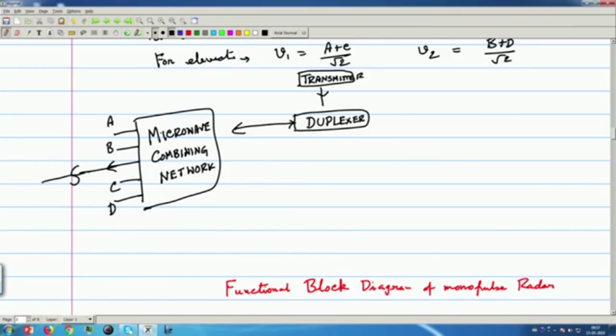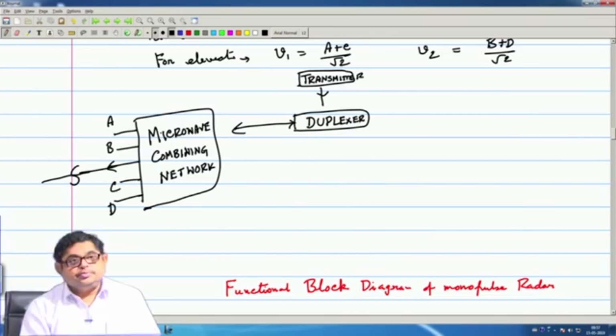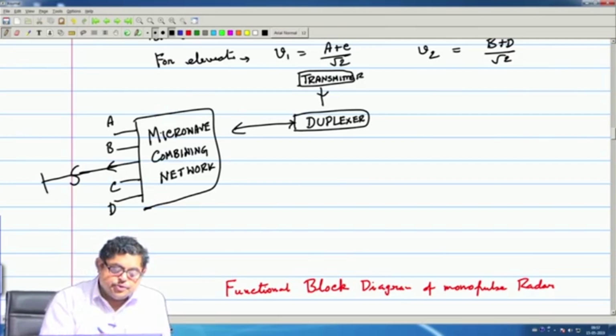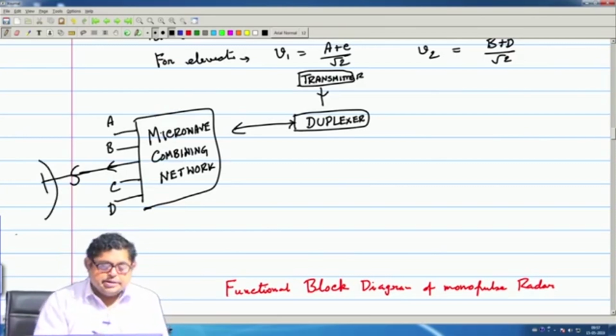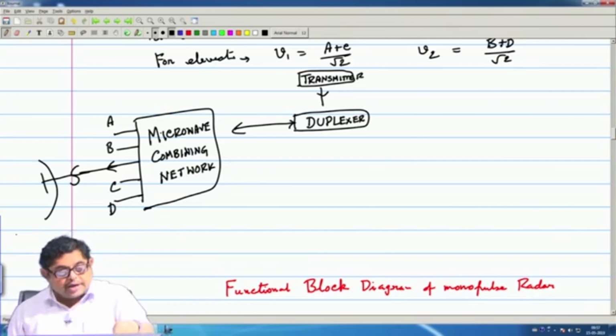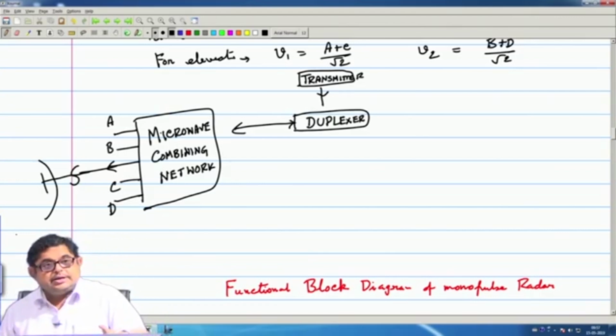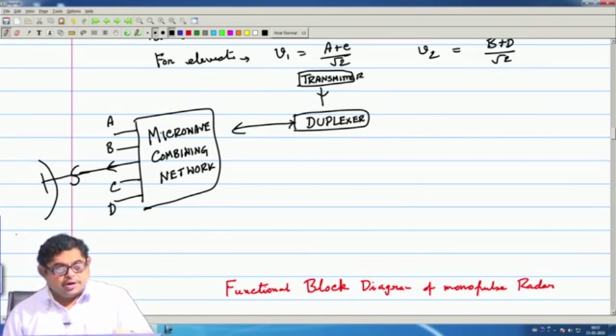That sum pattern goes to the antenna. You can think of it like this: the sum pattern is not a separate entity, but the network makes a sum of ABCD. They are equally excited from the transmitter via the duplexer, and that produces a sum in the circuitry. We will see that the microwave combining network is able to produce a sum. So, that sum is transmitted.